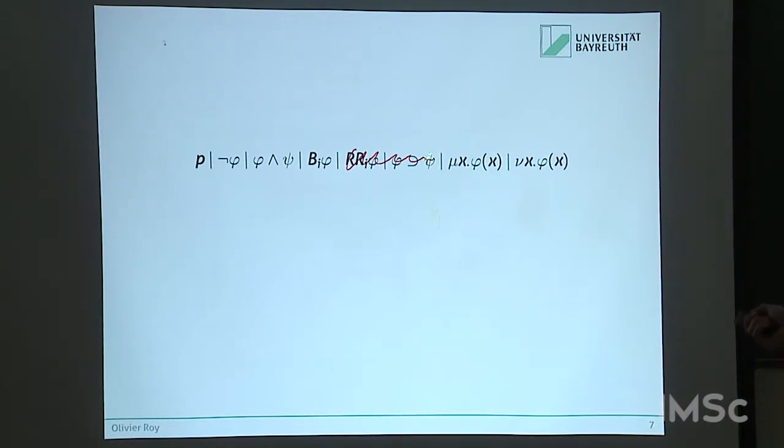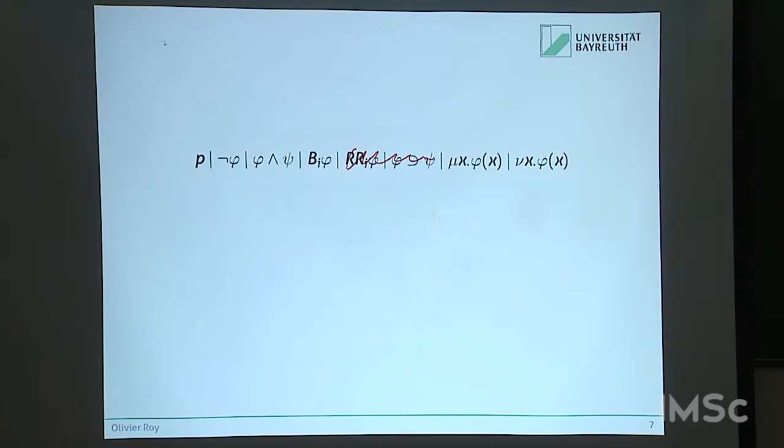So mu x intuitively says the smallest fixed point of the formula phi, and nu x says the largest, or greatest, fixed point of the formula phi. So that's the language we're going to be working with. One important restriction that you impose when you work in the mu calculus is that you require all the variables to be positive.